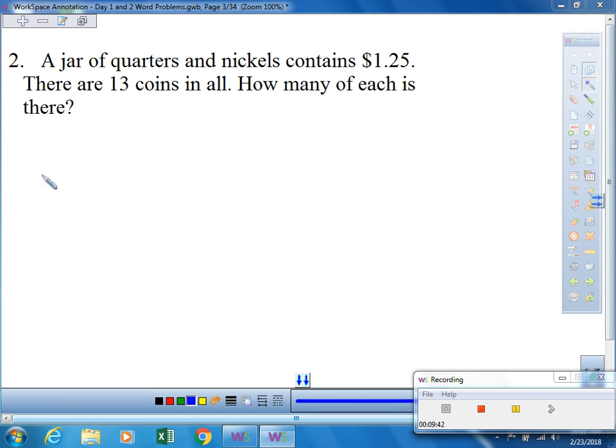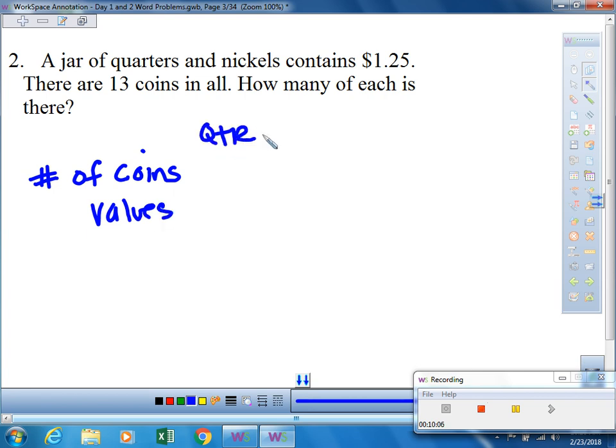So I want you to write up your number of coins and your value statement. So this is quarters, nickels, total. And then I also want you to define your variables.